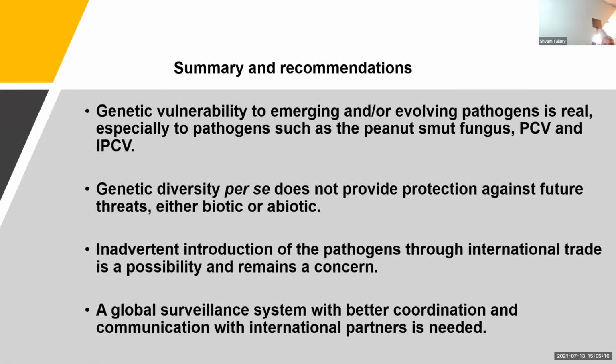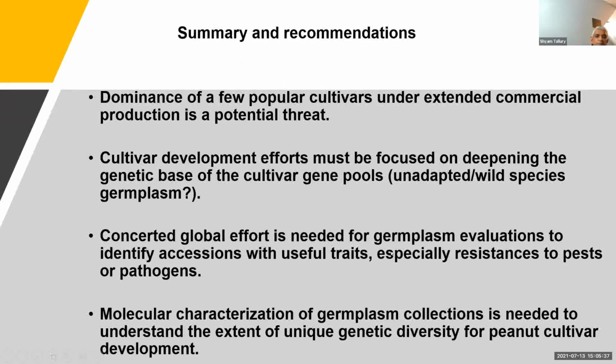My recommendations here: this is real genetic vulnerability, and diversity per se does not provide protection against future threats. It should be useful genetic diversity. Inadvertent introduction of pathogens through international trade is a possibility and a concern, and as I said, a global surveillance system with better coordination is needed.